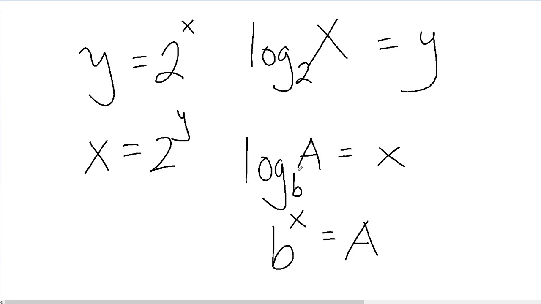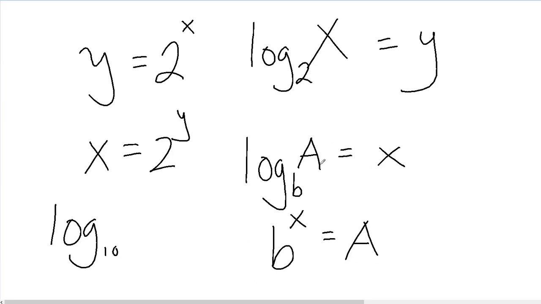So look at this conversion. Little b, this little number, is the base. Now, if no base is written at log, that means that the base is 10, and we don't have to write it, just like we don't write an exponent of 1. Log without a base written is understood to be 10. But if we don't know what the base is, we'll just call it b.